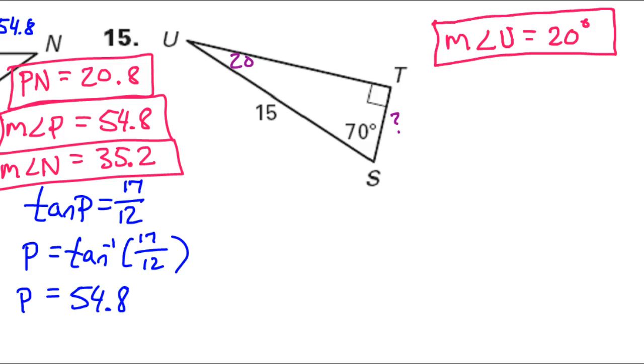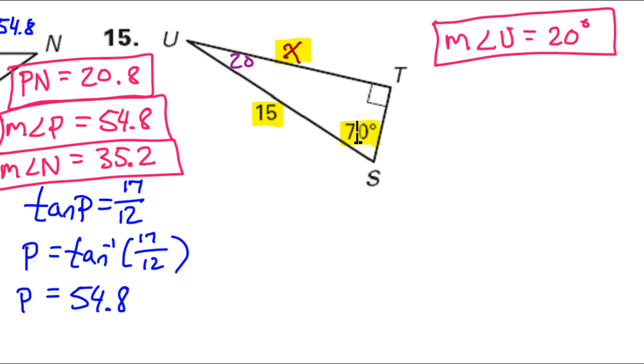Okay, so let's see. I'm going to find this side first. Okay, put an X here, but I'm finding UT. Okay, so looking at this X I just wrote down, looking at the number that we're given, I'm just going to stick with the angle that we're given instead of using the 20, which I could use.